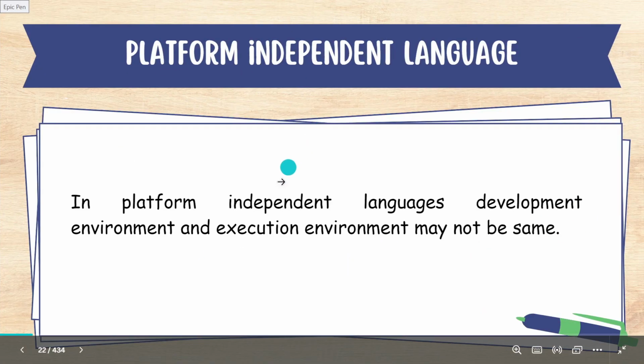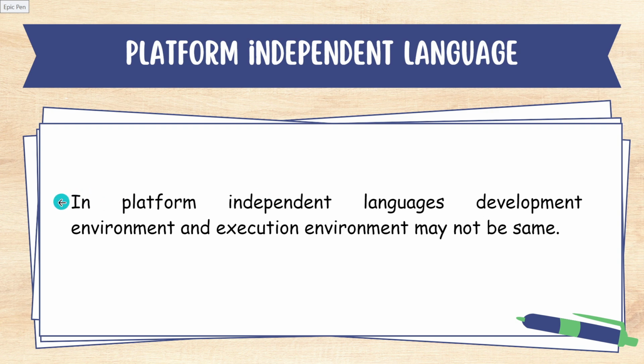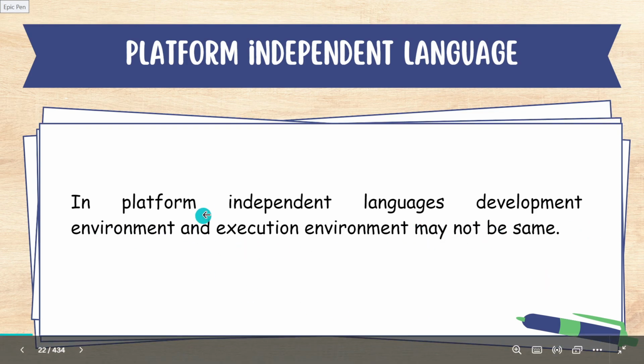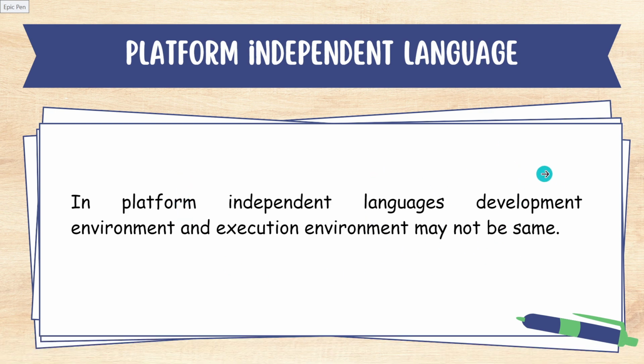In platform independent languages, the development environment and execution environment may not be the same. If you are developing on one platform, you can execute on a different platform as well. This is the meaning of platform independent.